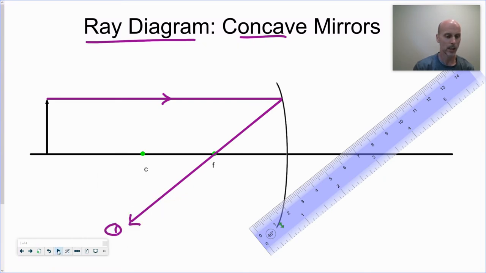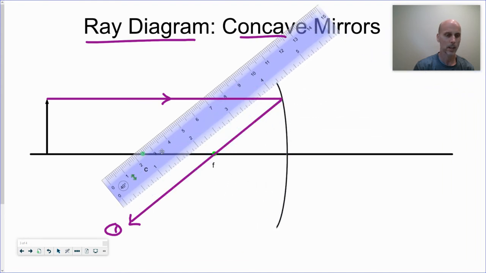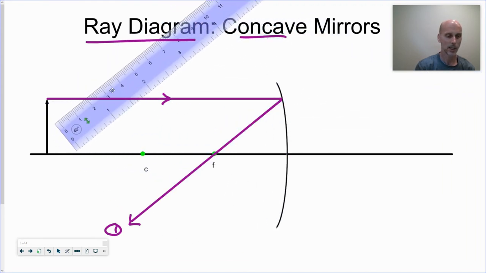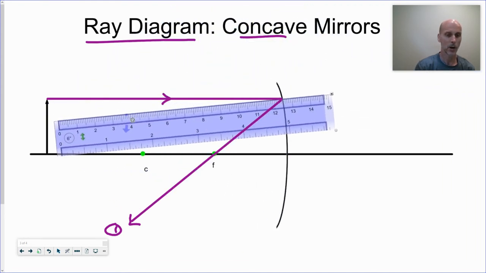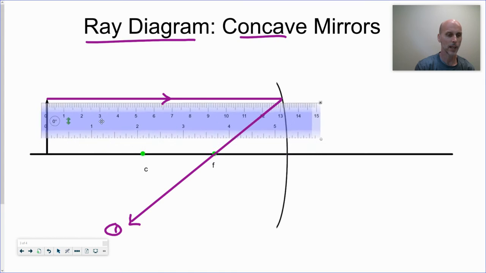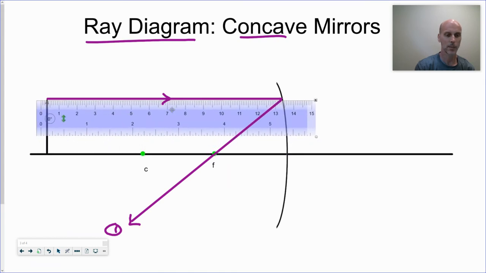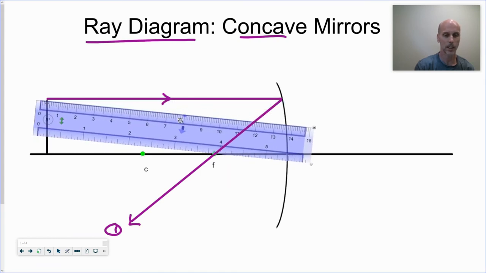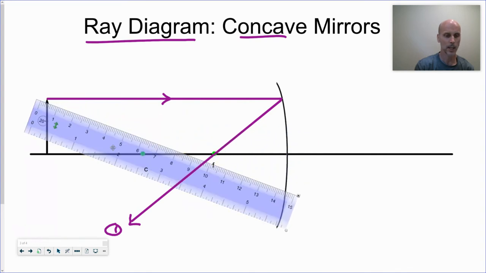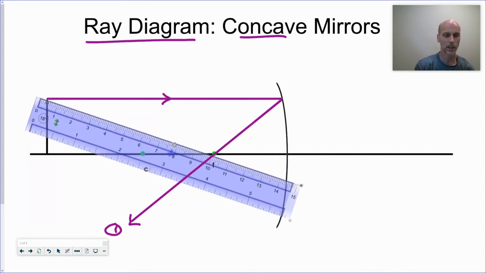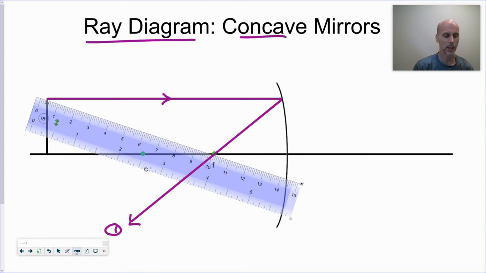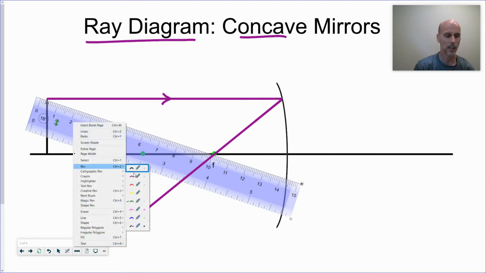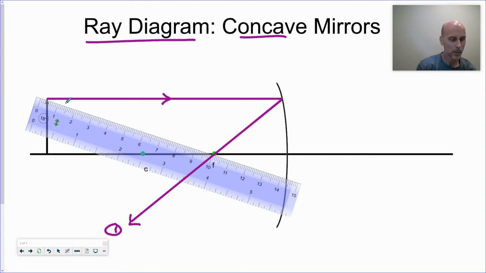The second ray of light is one that you'll see a common theme to the start of this. They always start at the tip of the arrow, tip of the object, the top of the object in this case. This one is kind of the reverse of the first one. It is a beam of light that starts at the tip of the object, the arrow, and then goes through the focal point.